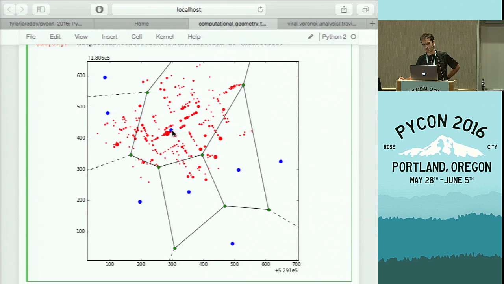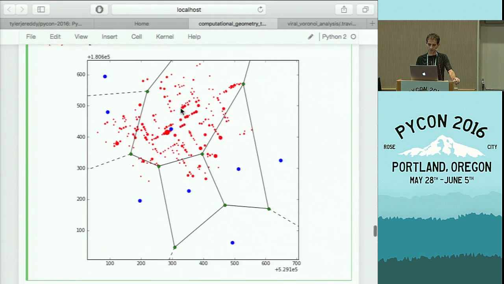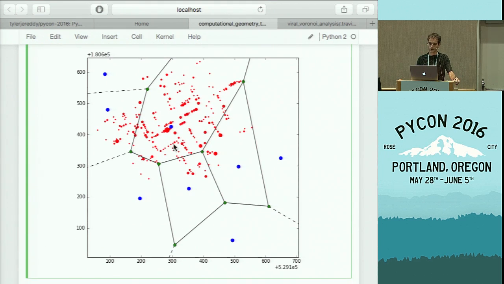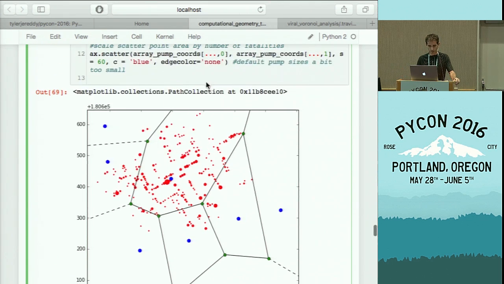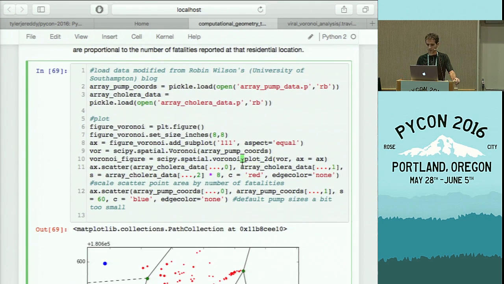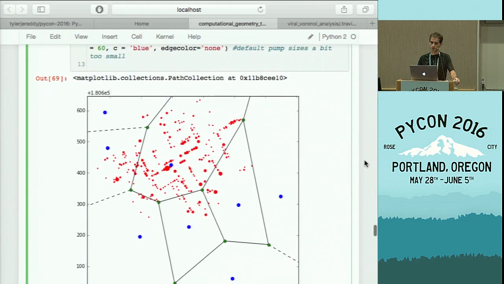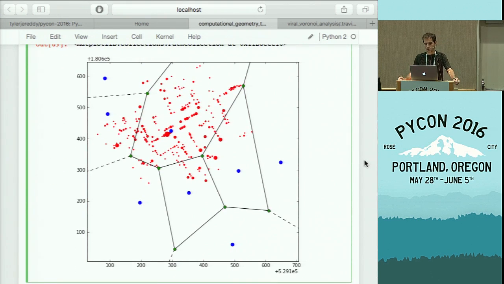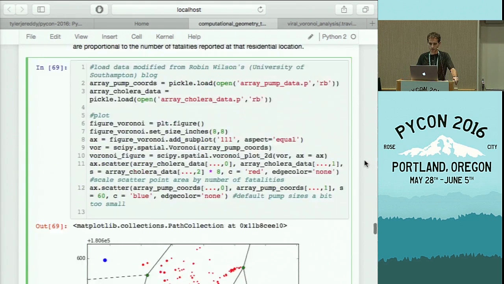I don't know why, but it turns out that it was an improperly disposed of diaper that was causing all of these fatalities. So that's somewhat controversially considered the first modern application of epidemiology, using computational geometry to parse out information and get epidemiological information from a data set.